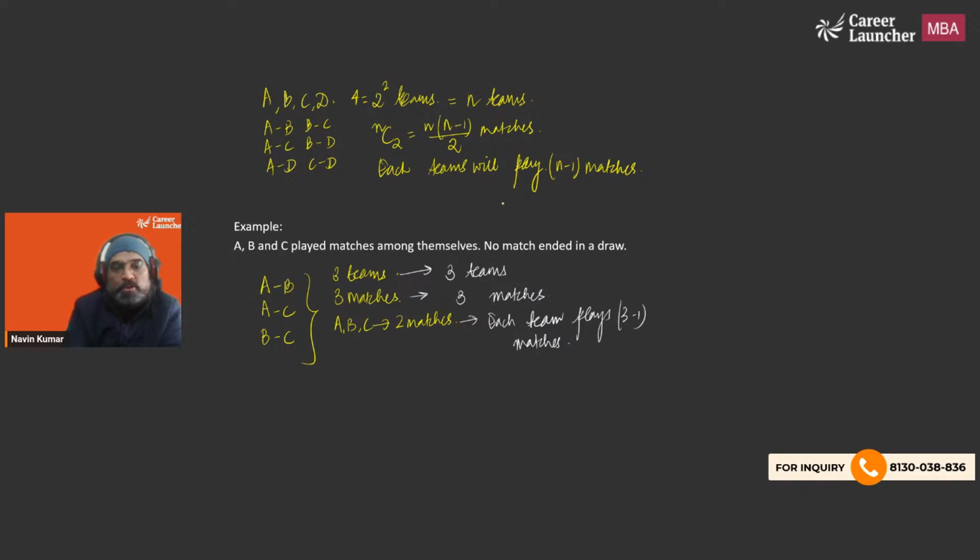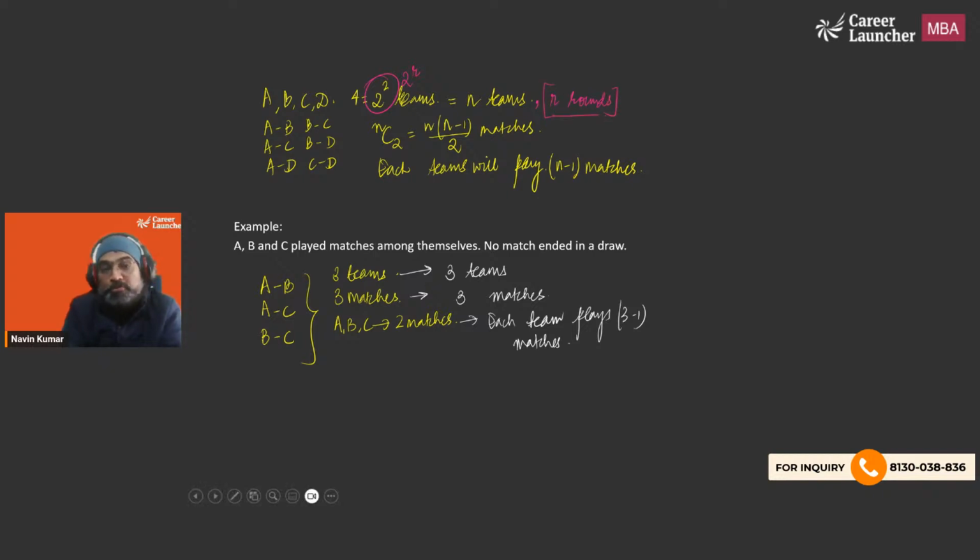Also, if we generalize this as 2 to the power r teams, we can also say that there may be a maximum of r rounds that can happen, if there are rounds involved.